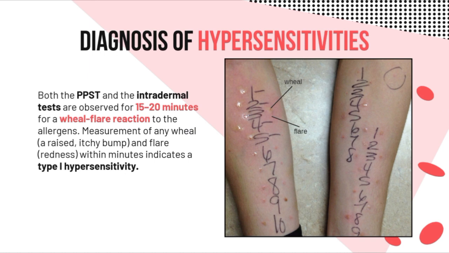Measurement of any wheal or a raised or itchy bump and flare or redness within minutes indicates a type 1 hypersensitivity. So the PPST and intradermal test are only used for diagnosing type 1 hypersensitivity or allergies. Other types of hypersensitivities cannot be diagnosed using these methods.